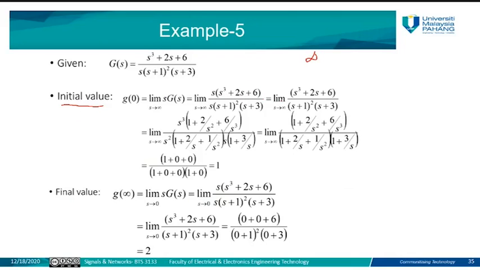So this is the result from multiplying by s, the s from the formula, and this s will go with that s. We still have s cubed plus 2s plus 6 over (s plus 1) squared (s plus 3).